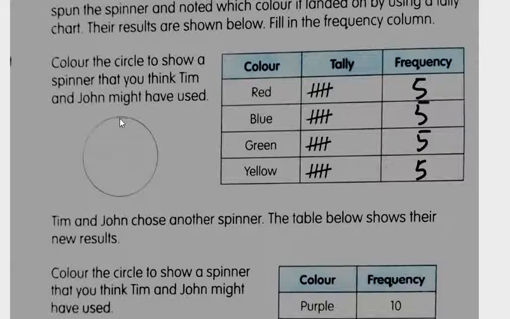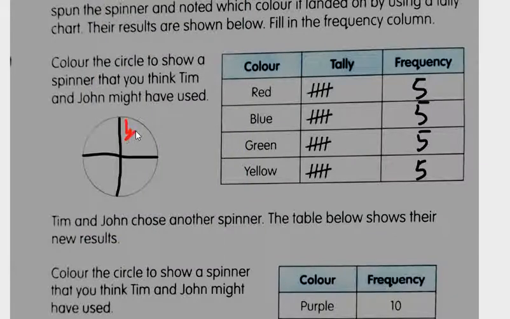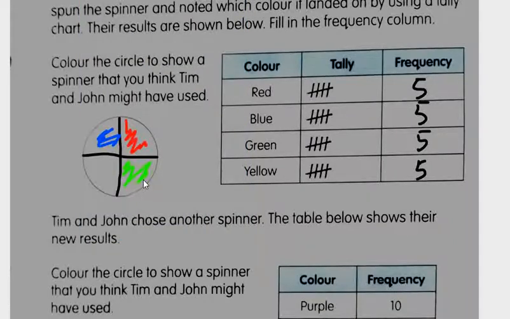This is the spinner. Since it is 4, then we have to divide the circle into 4 equal parts. Red here, then blue here, green here, and yellow here.